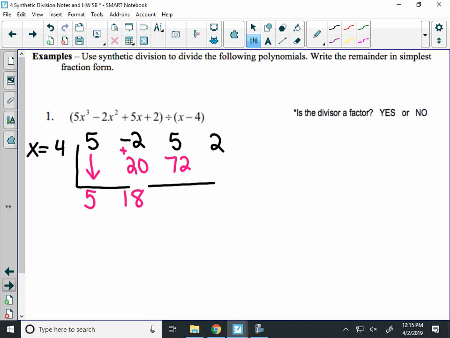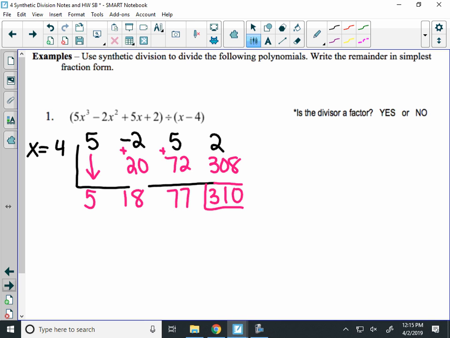Add those up. Get 77. And I have 77 times 4. Let's see, 308, yeah. Add those up and I get 310, and that's my last number, so I put it in a little box so I know that it's the remainder.